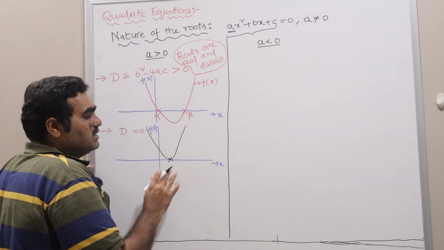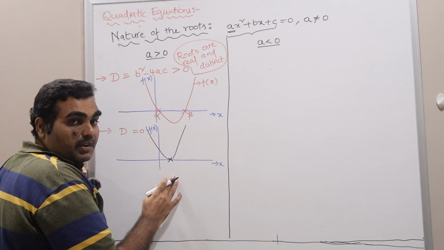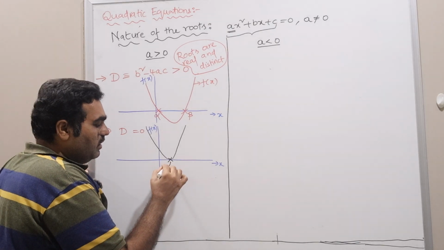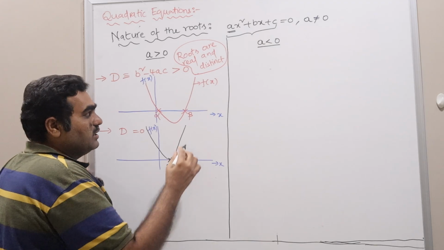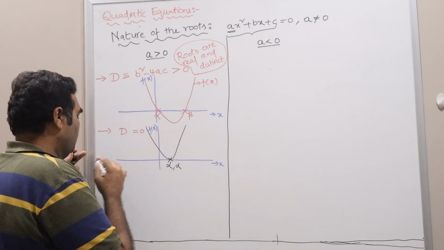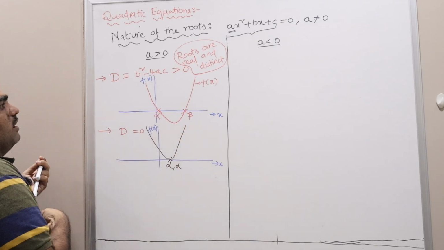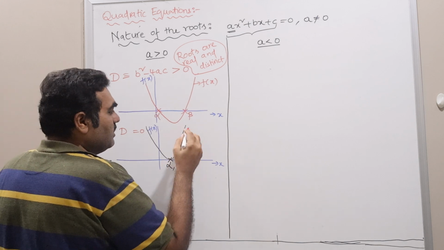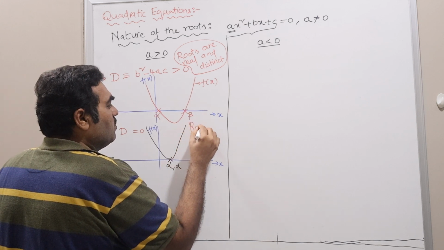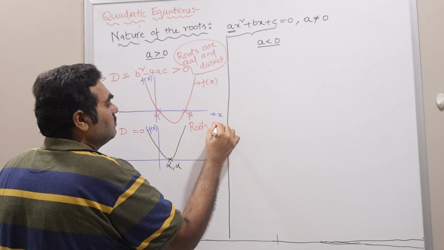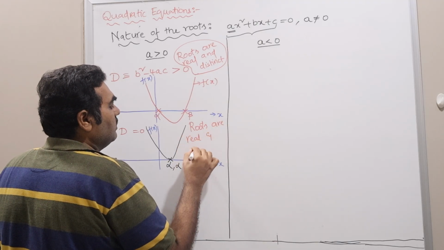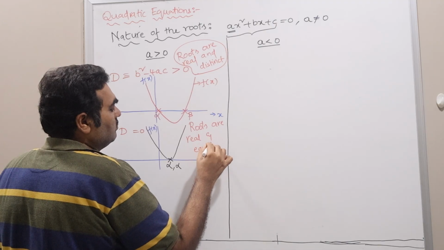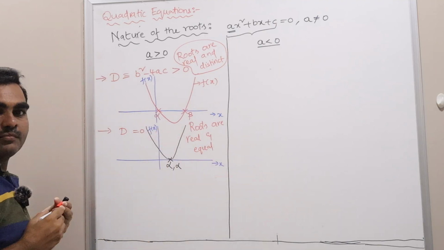That means the function has two roots even now, but they are repeated roots, alpha and alpha, equal. So I can write here that roots are real and equal. I hope you got it.